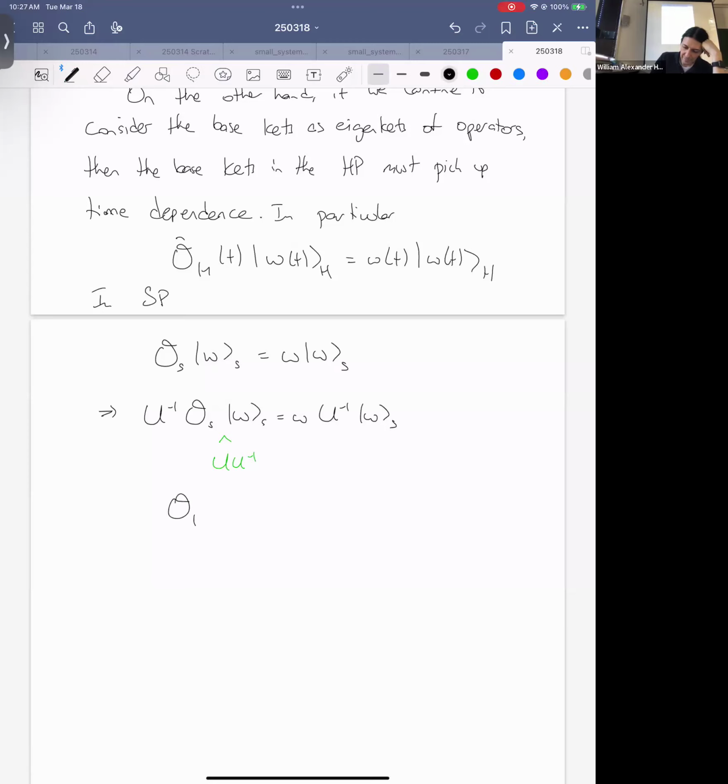And so I get the operator in the Heisenberg picture, and then I have a U inverse omega in the Schrödinger picture, equal to omega times U inverse omega in the Schrödinger picture. And so this tells me that my base ket in the Heisenberg picture is equal to U inverse of the base ket in the Schrödinger picture.